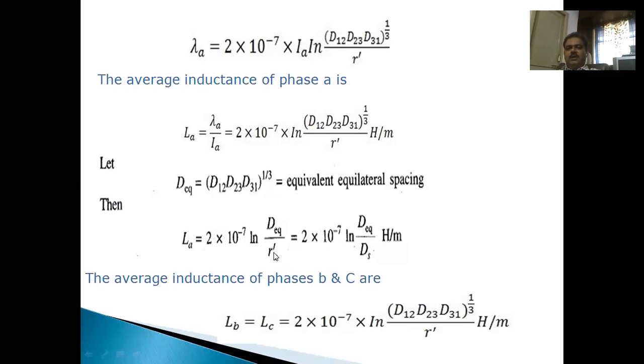That's why I have written each and every notation at each and every place. So it can also be written as DS. Okay. Now the same derivation can be extended to other two phases, phase B and phase C. So phase B is equal to phase C is equal to same, all the three distances divided by R dash, so many henries per meter. Is it clear?